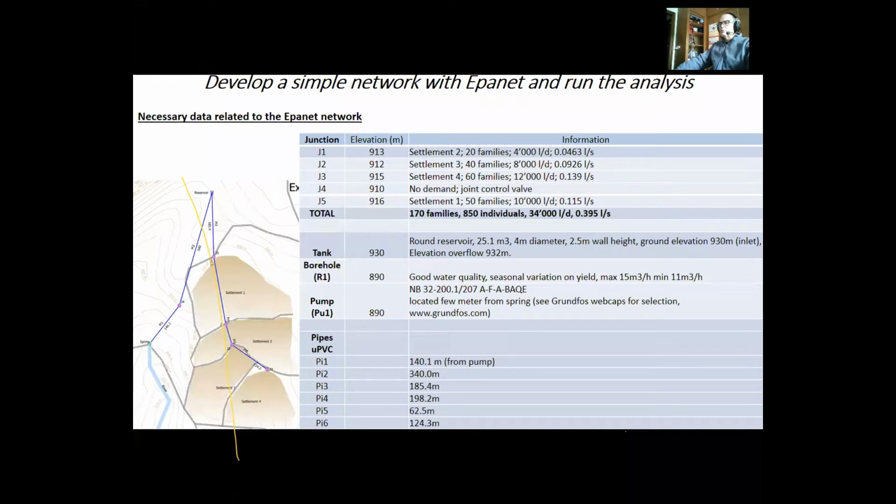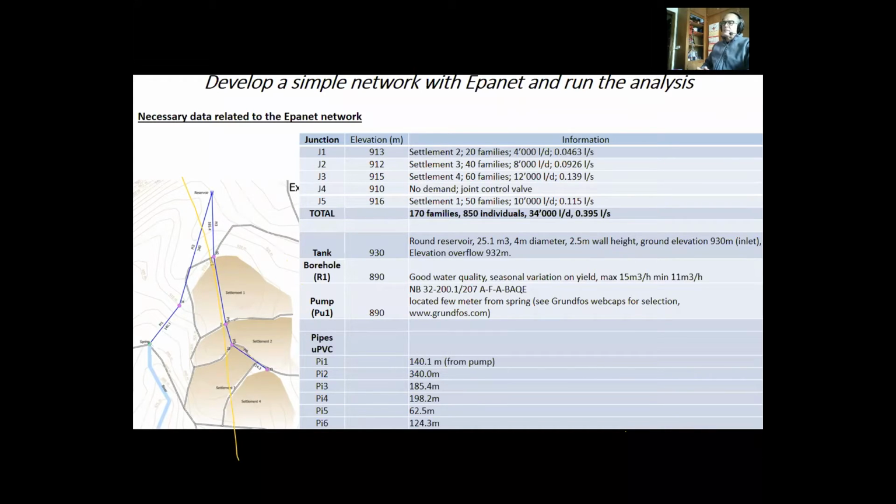And then you put all those figures on an Excel sheet, like you can see here. So in this case, we have 4 settlements with 4 tap stands, let's say, and each settlement or each part of the site has a number of families with some people, and then you consider the water demand per day for each junction, for each tap stand.